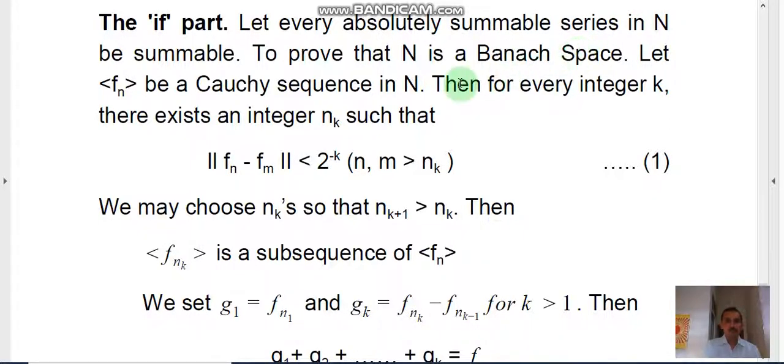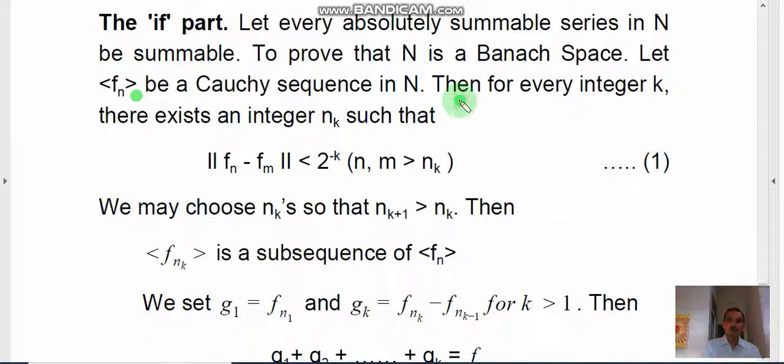So we are considering let Fn be a Cauchy sequence in N, and we will prove that this is convergent using the condition that every absolutely summable series is summable. So let Fn be a Cauchy sequence.